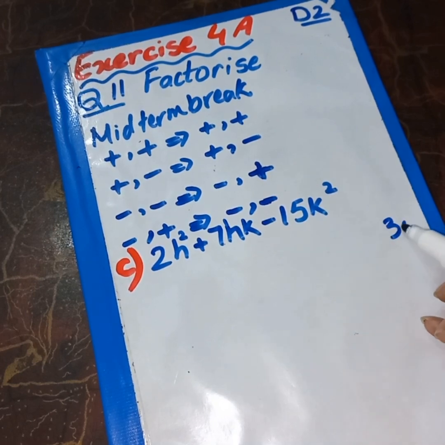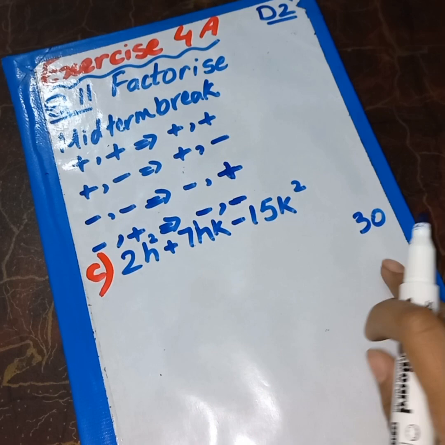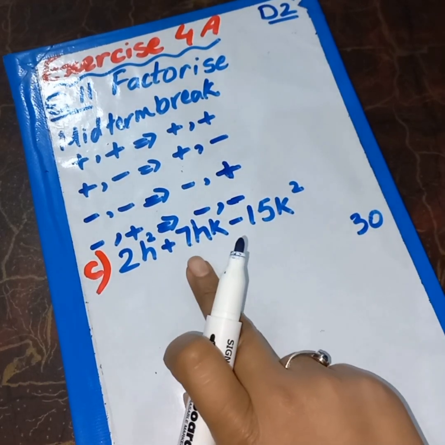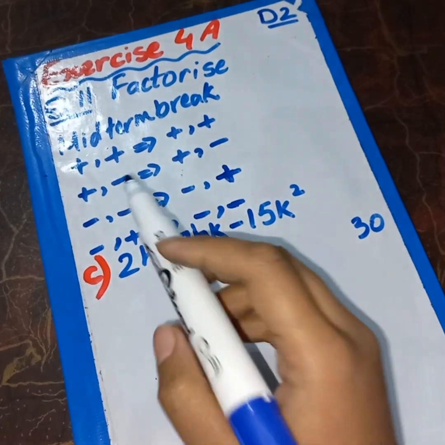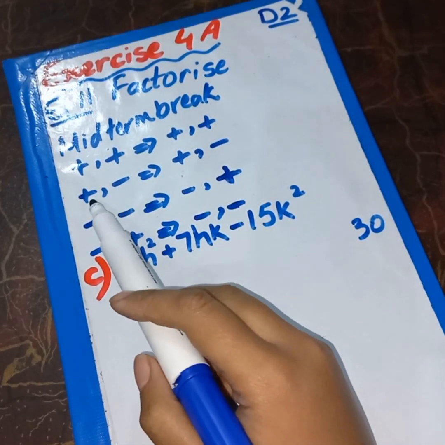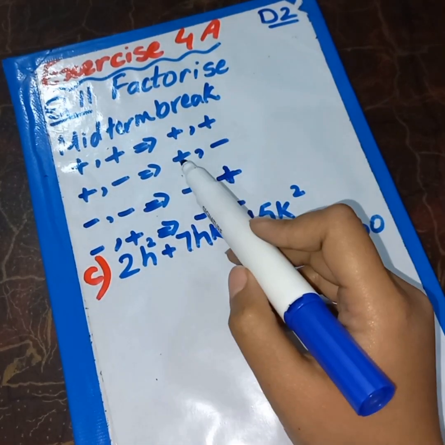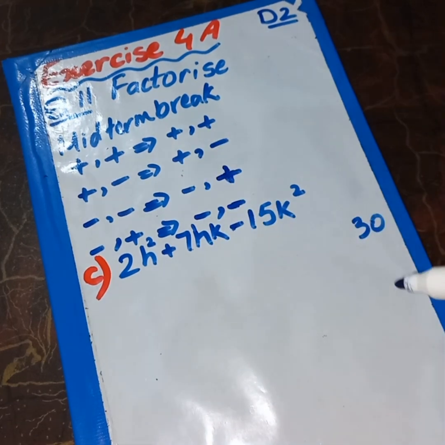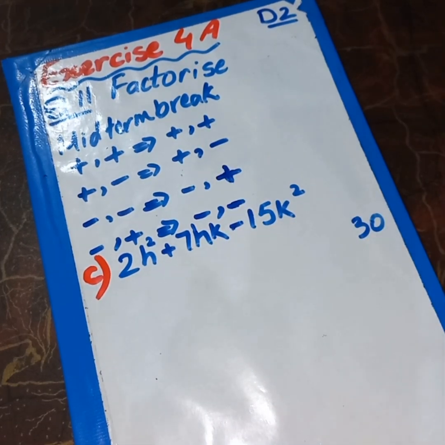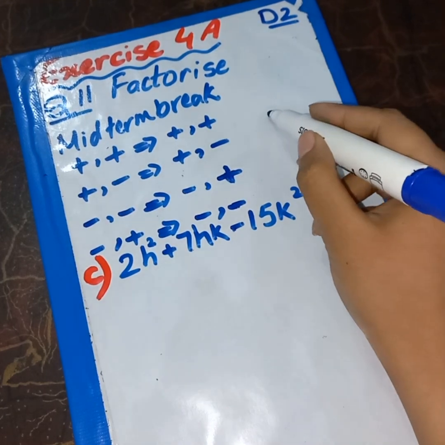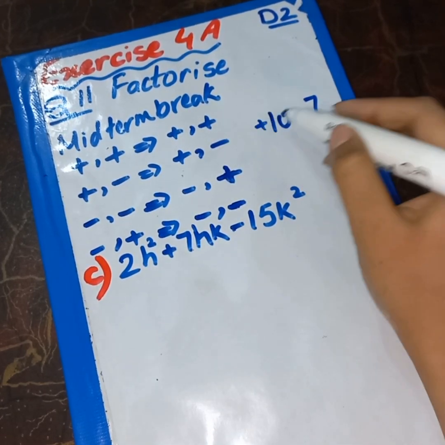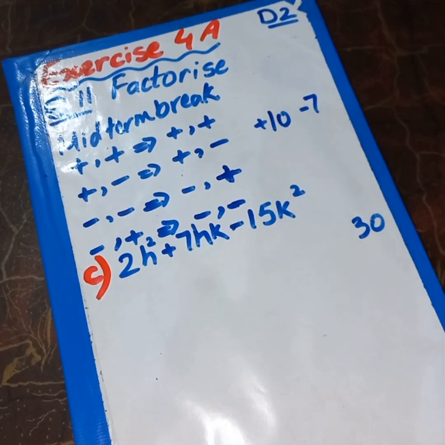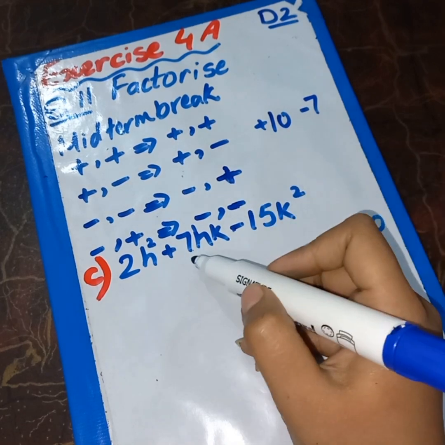So now you need to find a pair of numbers that will give you 30 after multiplication, and that will give you 7 after subtraction. Why I said subtraction? Because I can see that in the question there is a plus minus written, so I need to choose plus minus again with the pair which I will choose. So I have 10 and 7, plus 7, 10 and minus 7, because it will give me 3, but I need 7.